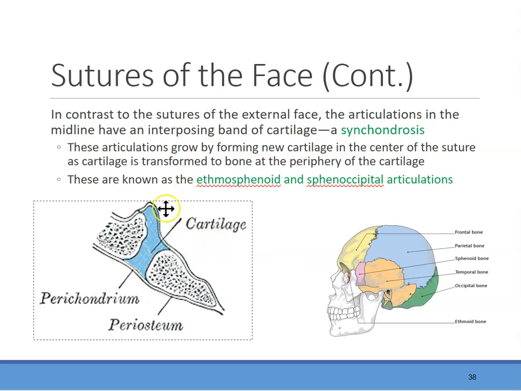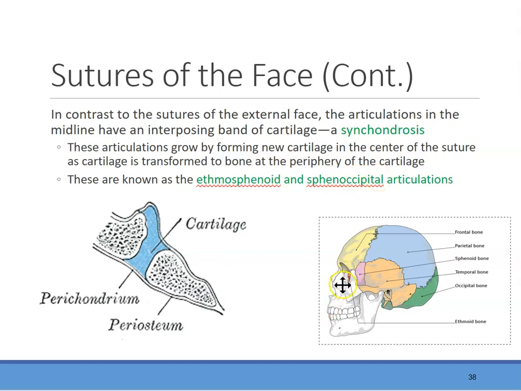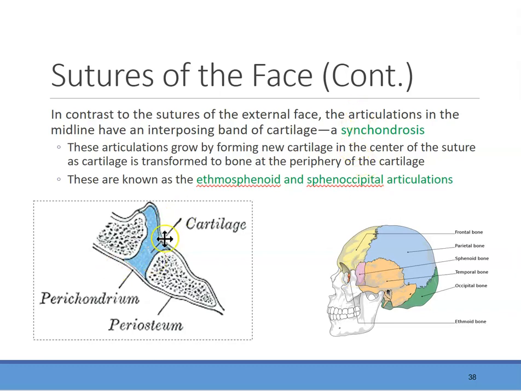Where do we see this synchondrosis? Where do we see the bone and cartilage in the middle? We see this where the ethmoid bone and the sphenoid bone join, and where the sphenoid bone and the occipital bone join. The ethmoid bone is the red one right here. When it merges with the sphenoid bone, which is in purple or pink, there's basically a cartilage between the bones.